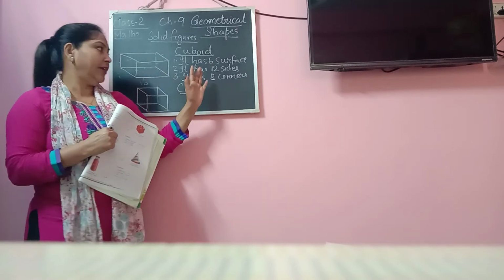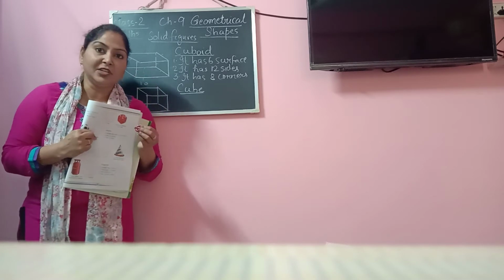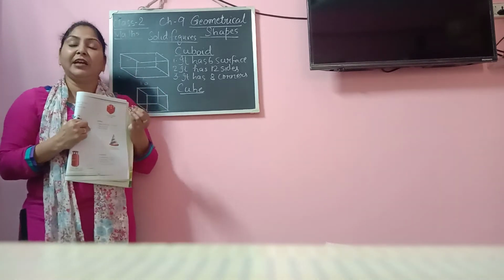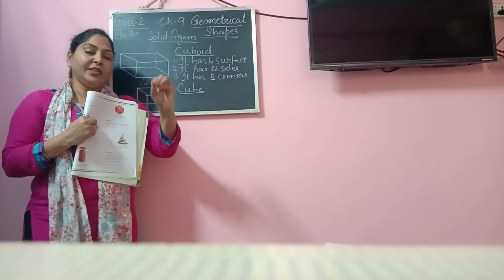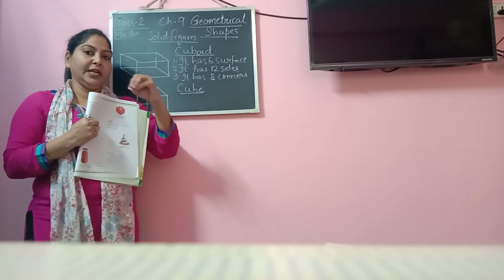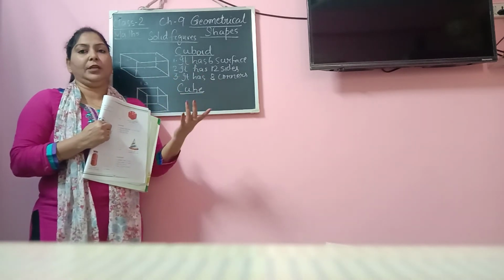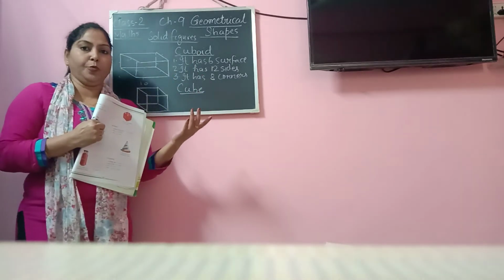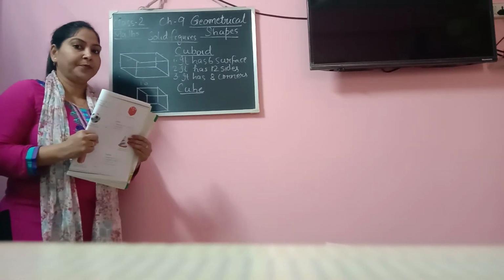So this is what we have learned in cuboid. Since each face is made up of rectangular shape, one of the lengths will be shorter and another will be longer. So opposite sides are equal in a cuboid also. I hope you have understood what a cuboid is.